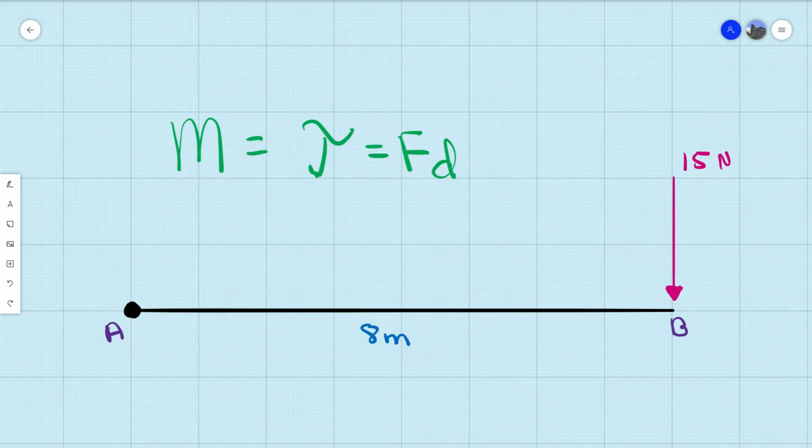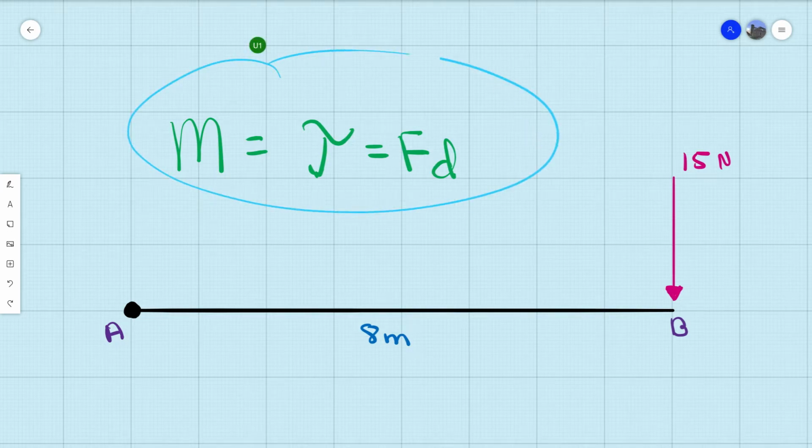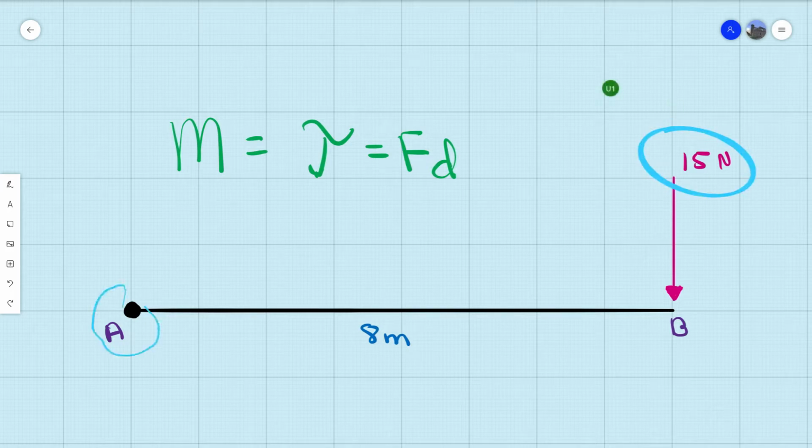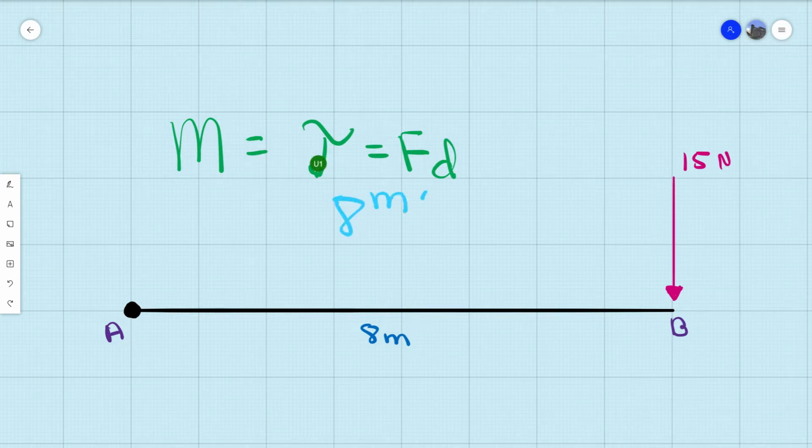Your moment that you calculate is entirely dependent on a point of reference. So if I were to take the moment about point A, for this formula to work, I would do the distance between the force and point A, which is 8 meters, multiplied by the force itself, which is 15 newtons.